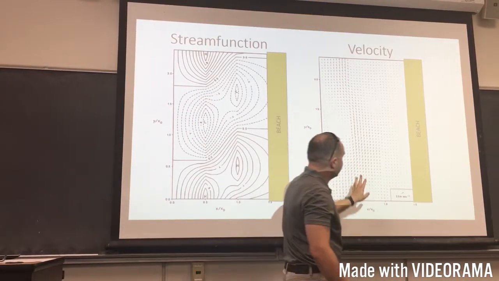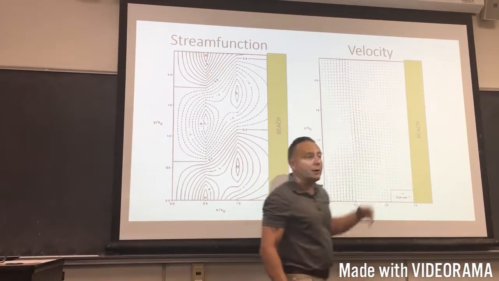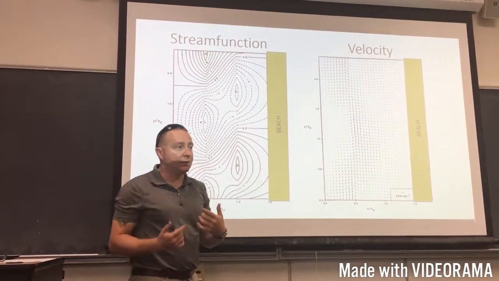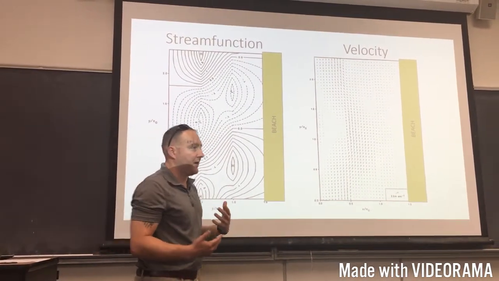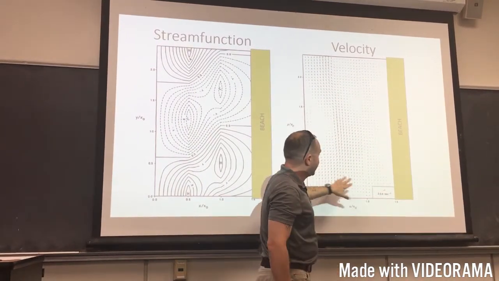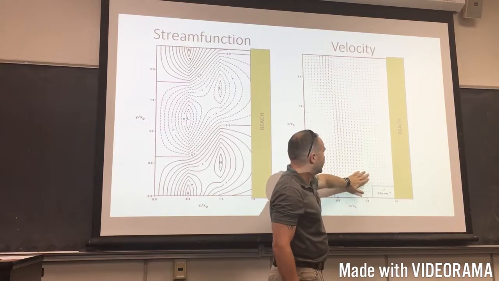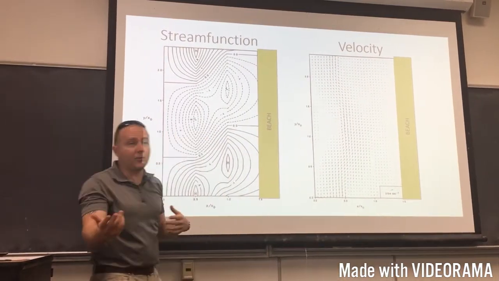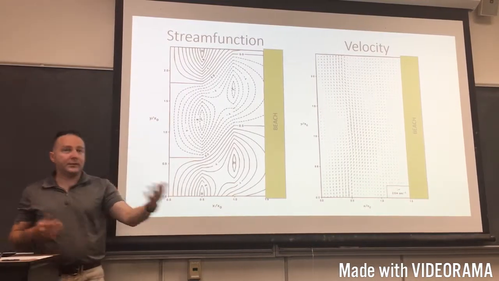If you look at this velocity profile, you just see arrows going right up for a longshore current. But what they're saying is there's actually a potential vorticity created by these infragravity waves that is creating these areas where the current just gets weaker. And it looks like it causes the current to snake up and down the shore, kind of like what we saw on the edge waves in the other slide.